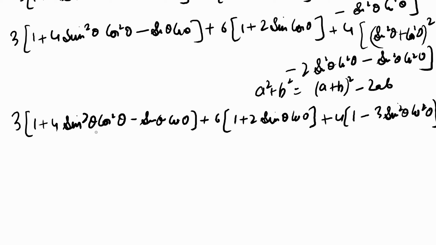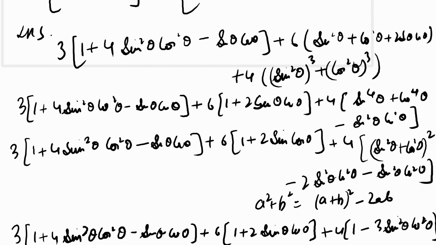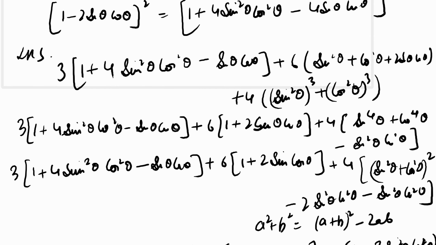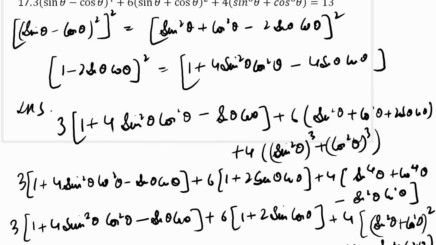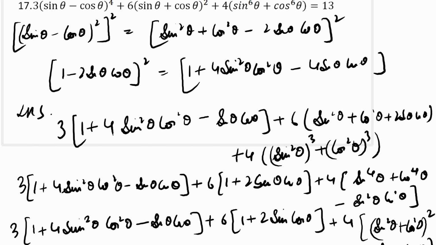Okay, now what we will do, we will multiply everything by 3: 3 plus 12 sin square theta cos square theta. I think there is a 4 over here. Yes, there is a 4 over here. We have forgotten to write it down.